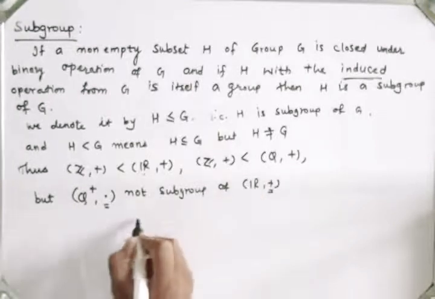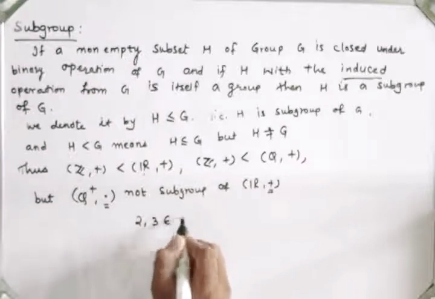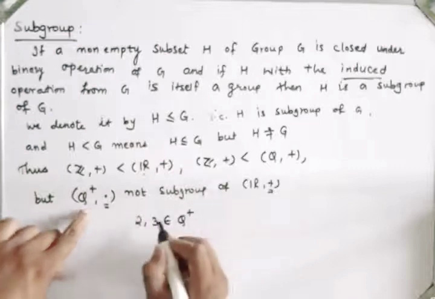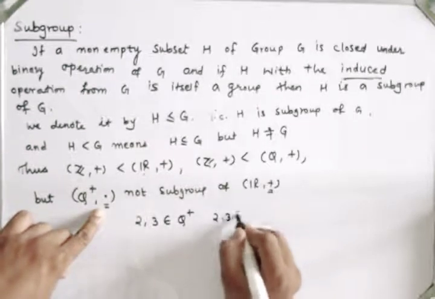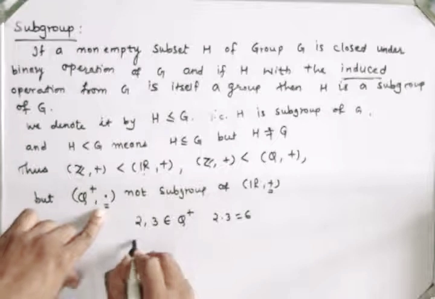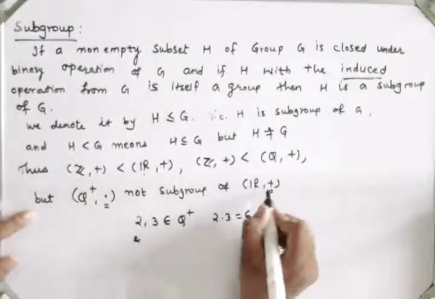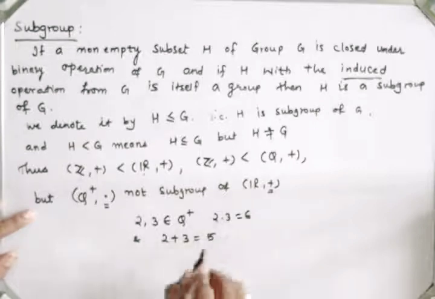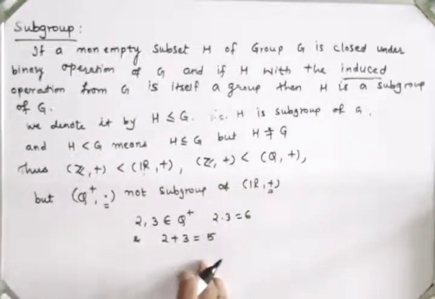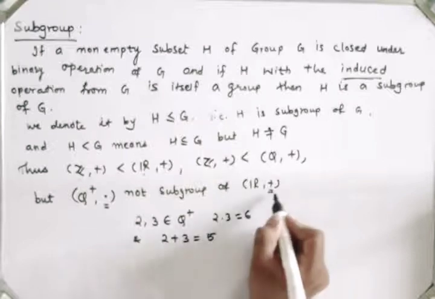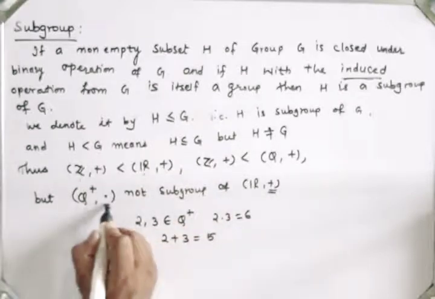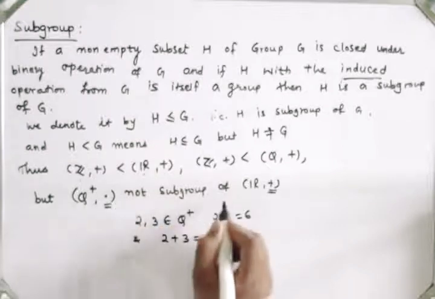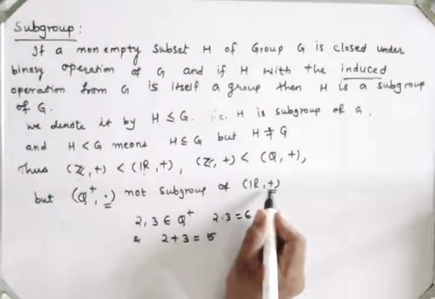Because if I take elements 2 and 3 from the set of positive rational numbers, then 2 into 3 is equal to 6, and here the operation is addition, 2 plus 3 is equal to 5. So both are not equal, therefore the closure property is not satisfied. Therefore Q plus under multiplication is not a subgroup of real numbers under addition.